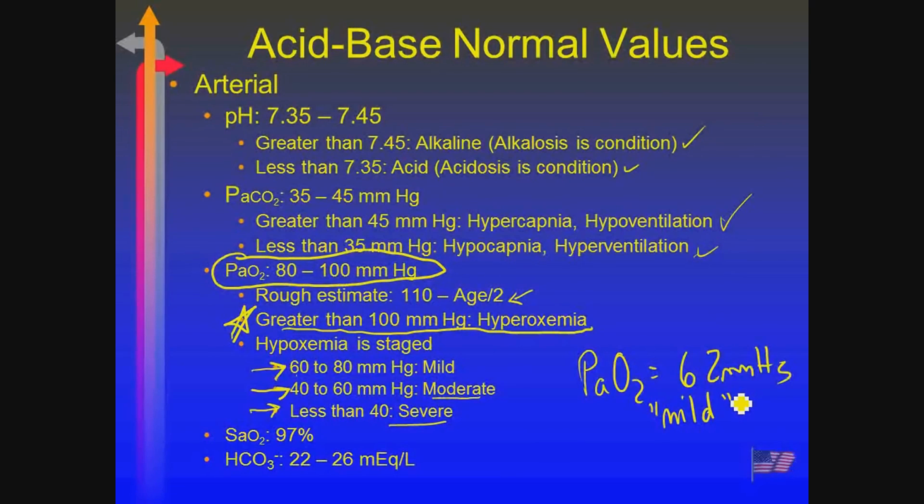On the test next week, there are 10 blood gases that you're going to have to classify. They each are worth 1 point.